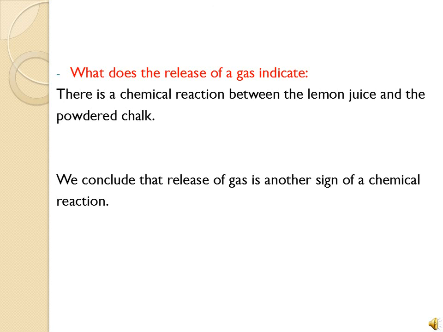What does it mean that I have gas? If I have bubbles, it means a gas was released. There was no gas before and now there is gas, so there is a chemical transformation, which means a chemical reaction. So the formation of gas is another sign that there is a chemical reaction. It is another sign besides the change in color and the effervescence: the release of gas. There was no gas, but now I have bubbles, so there is gas formation, so there is a chemical reaction.